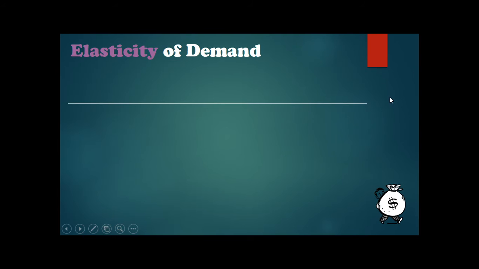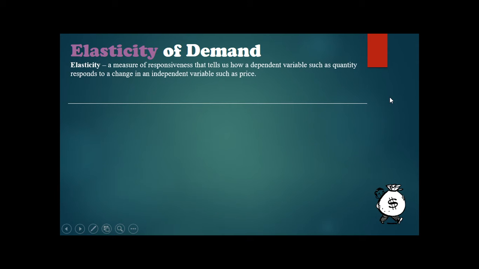All right, elasticity of demand. So elasticity is a measure of responsiveness that tells us how a dependent variable such as quantity responds to a change in an independent variable such as price. In other words, how much is this change going to be, how much is the law of demand going to apply to this item?